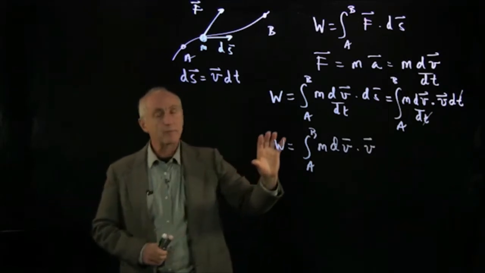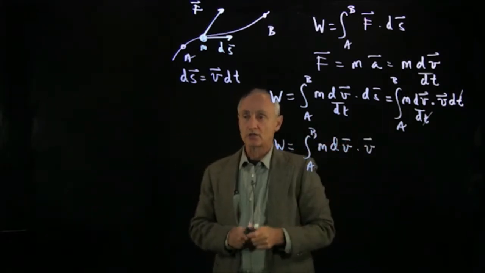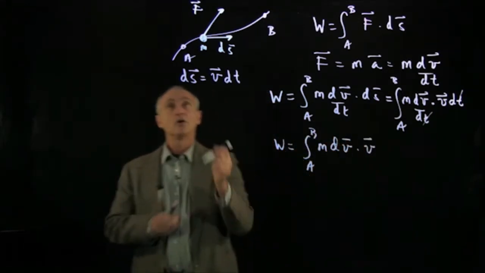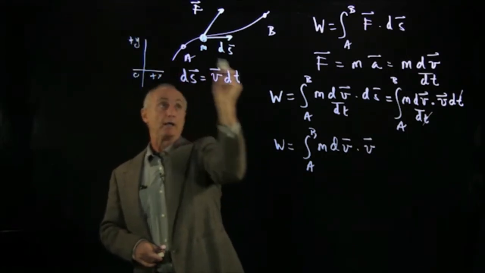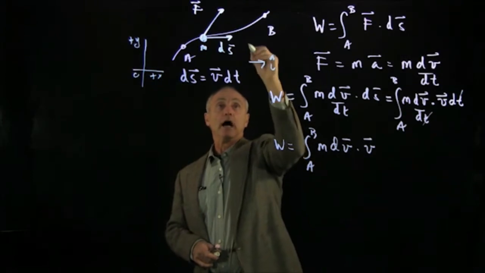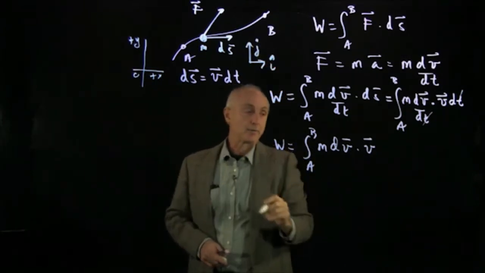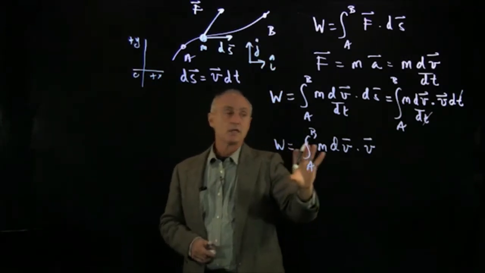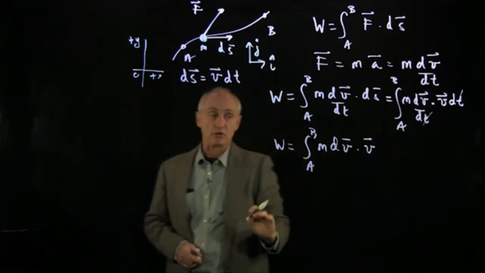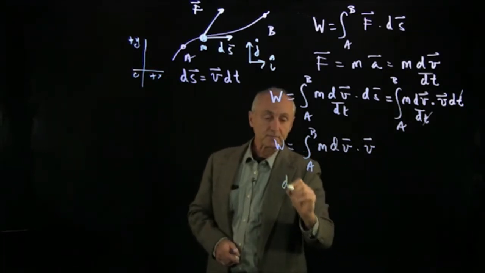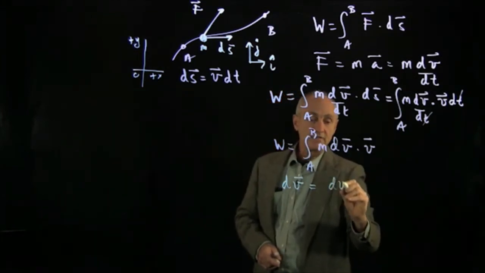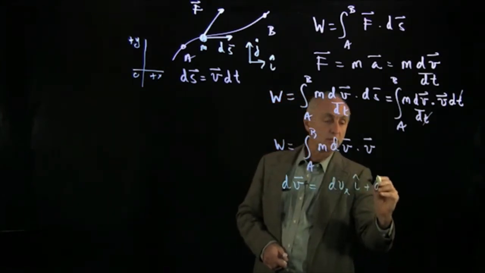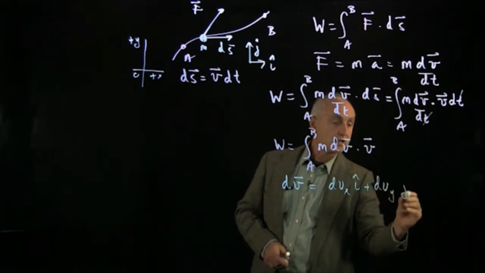So whenever we want to calculate these dot products, we choose a coordinate system. So let's choose a Cartesian coordinate system, plus x, plus y, with our unit vectors i hat and j hat. And now our task is to write down these various vectors. So for instance, dv can be written as dvx i hat plus dvy j hat.